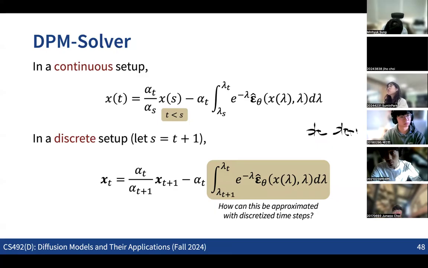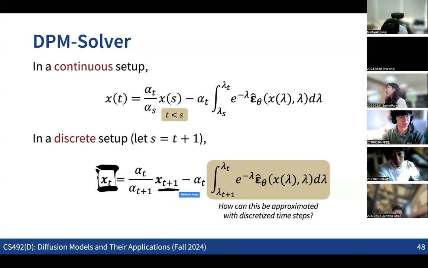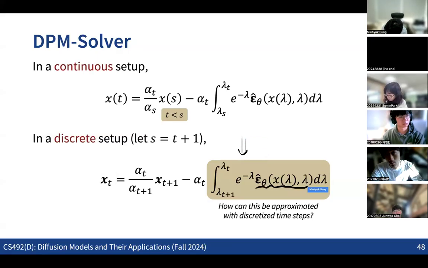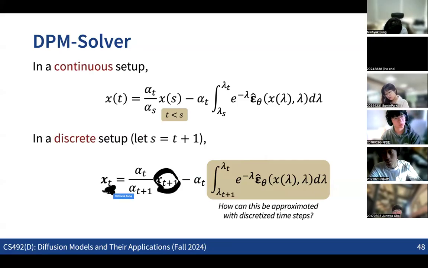Let's say that s is t plus 1, the next time step. Then the noisy data point xt can be computed from the previous noisy data point in the denoising process, xt plus 1, with an integral form involving the noise that we are predicting with the neural network. So given xt plus 1, we can compute xt by solving this equation, right?